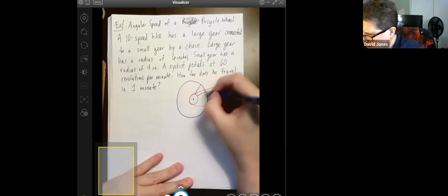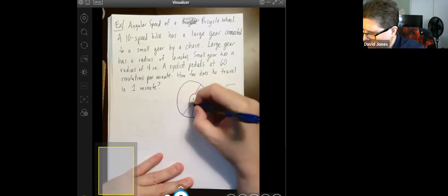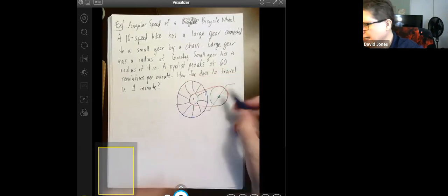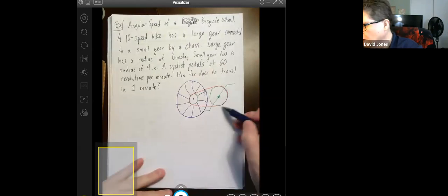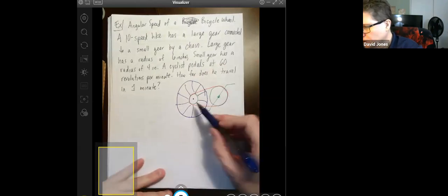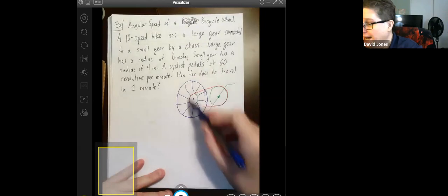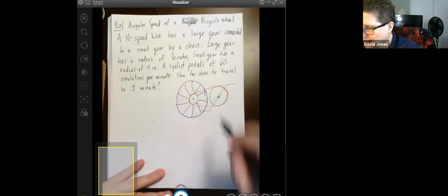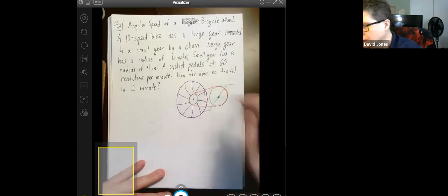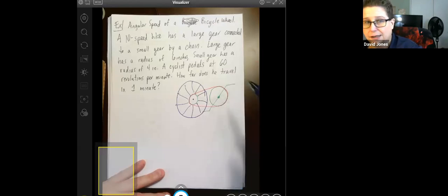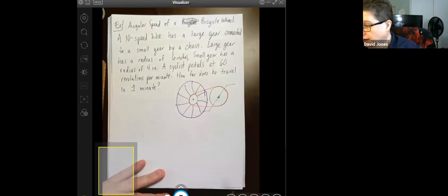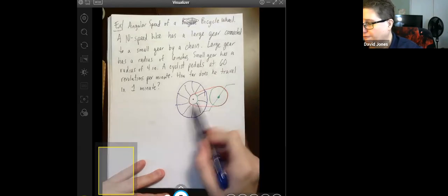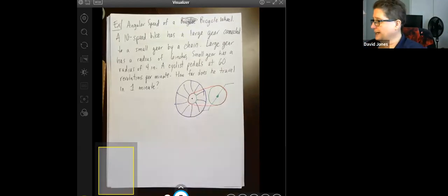As you pedal the big one, the chain moves, but the small one has a smaller radius, so it has to move faster. This gear has to move faster than you're pedaling, so the tire is going faster than you're rotating the big gear. It should be more than 60 revolutions per minute for the tire. That's the idea right here.